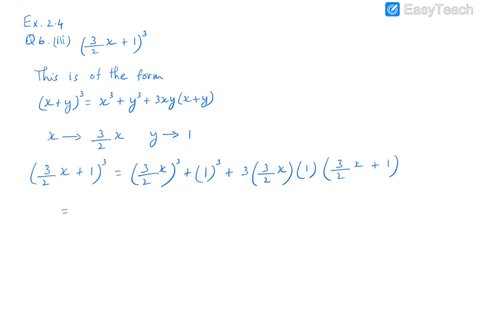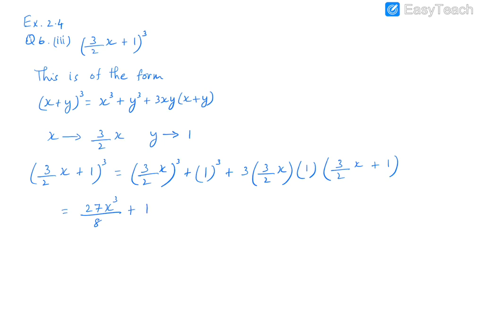So 3 by 2 into x, that is 3x by 2, cubed will give us 3 3s are 9, 9 3s are 27. So that will be 27x cube divided by the cube of 2, which is 2 into 2 is 4, 4 into 2 is 8. So it is 27 by 8 x cube, or 27 x cube by 8, plus 1 cube will remain 1.